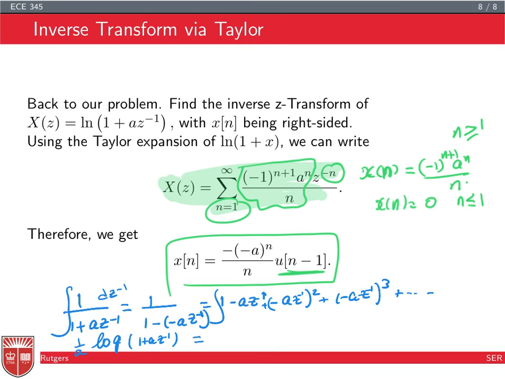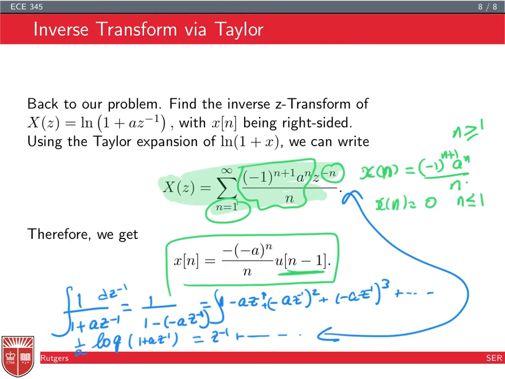And then you do the integration here too. For example, the integral of 1 is z^-1, and so on and so forth. And this is how you get the power series. I probably made a mistake doing this or explaining it very fast, but this is to tell you that there is another way of getting the Taylor series expansion.